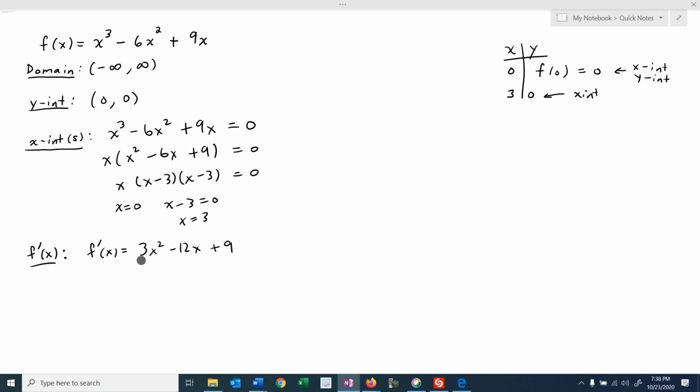So the first thing we're going to do is find the critical numbers. And remember, the critical numbers are when the first derivative is either 0 or does not exist. So let's set this equal to 0.